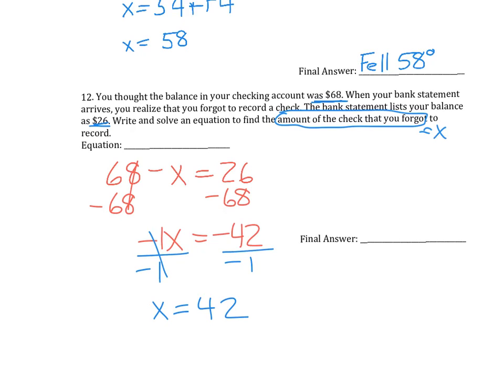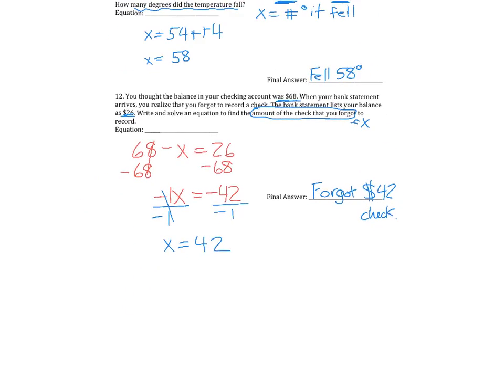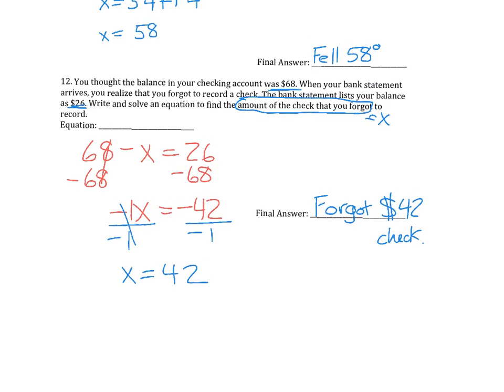Does 42 seem like a reasonable amount for the check you forgot? It does. If I'm going from 68 to 26, that makes sense. So you forgot a $42 check. Okay. All right, that's it. So you can go ahead and start working on your assignment.